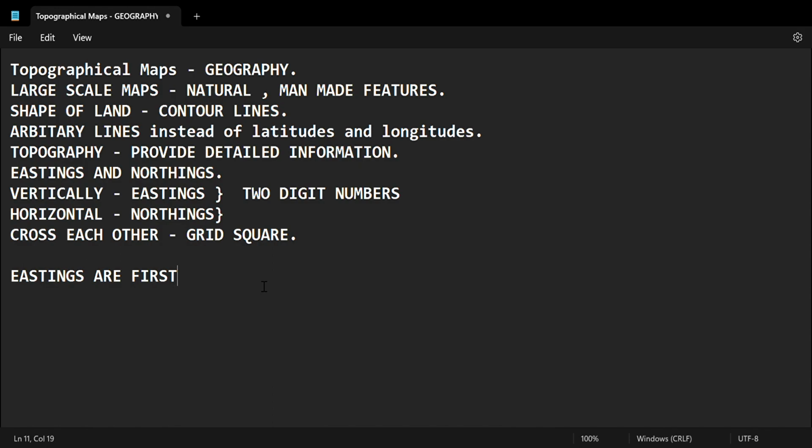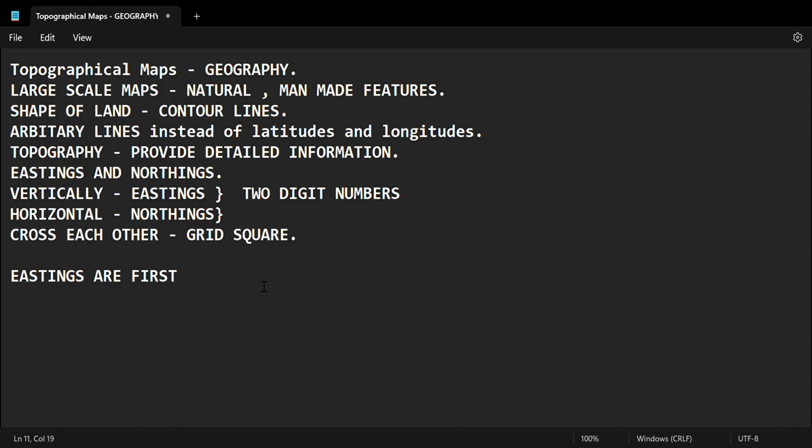And the six-figure grid reference is used to locate an object such as wells, post offices, milestones, or temples within a grid square with greater accuracy. In a six-figure grid reference, the first three figures are the eastings while the last three are the northings.